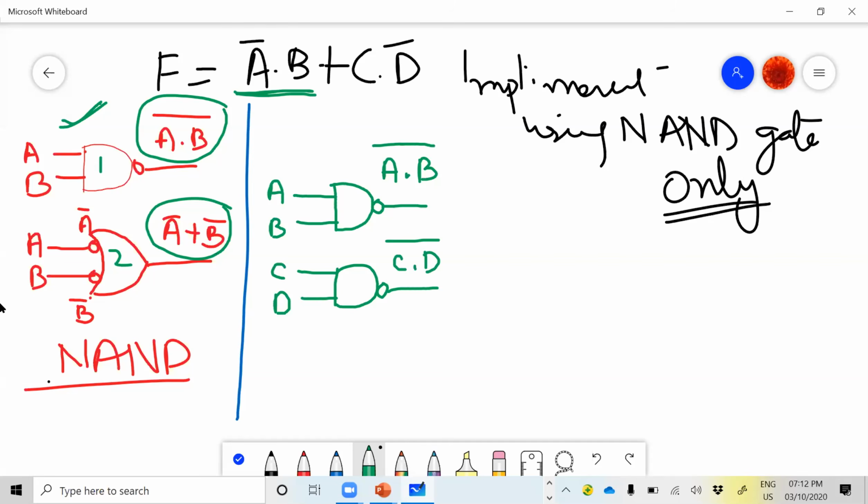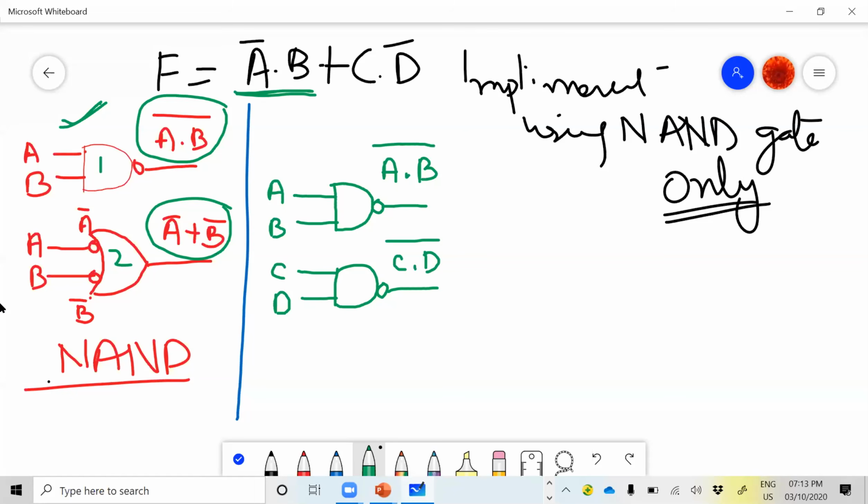After this step, please focus here, every one of you. After the first implementation, you have to check what is under the whole bar, the output of these gates under the whole bar. Is it the same as what is in the function, or is something different? Forget the top bar, we will remove it later, but under the bar, which is A dot B, is this the same as what you have to implement?